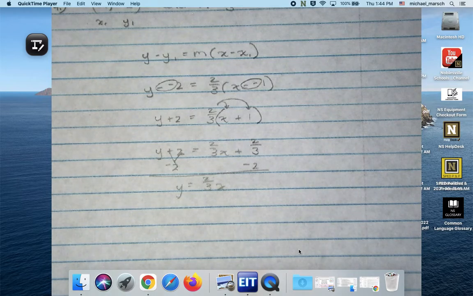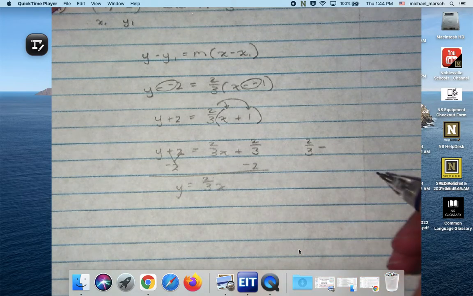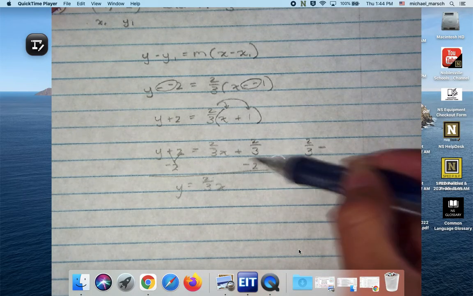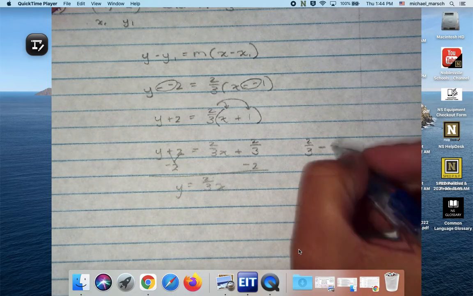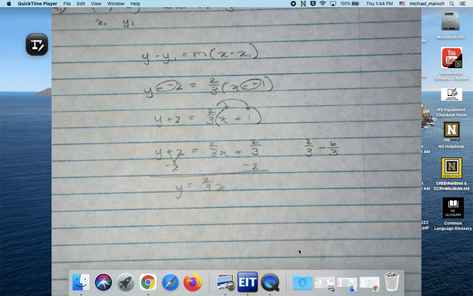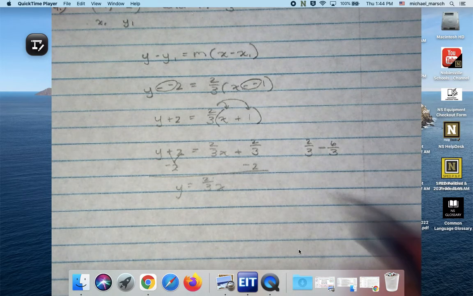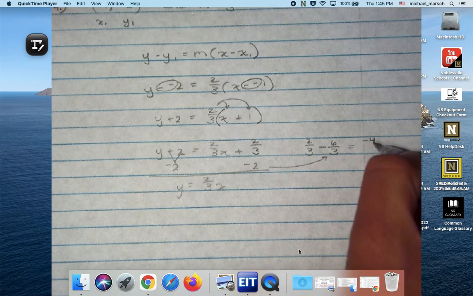So it has to have common denominators, right? So I could have 2/3 minus, and then if I were to put this whole number 2, it would be minus 6/3, right? Because this becomes 6/3. And I'm going to get negative 4/3.